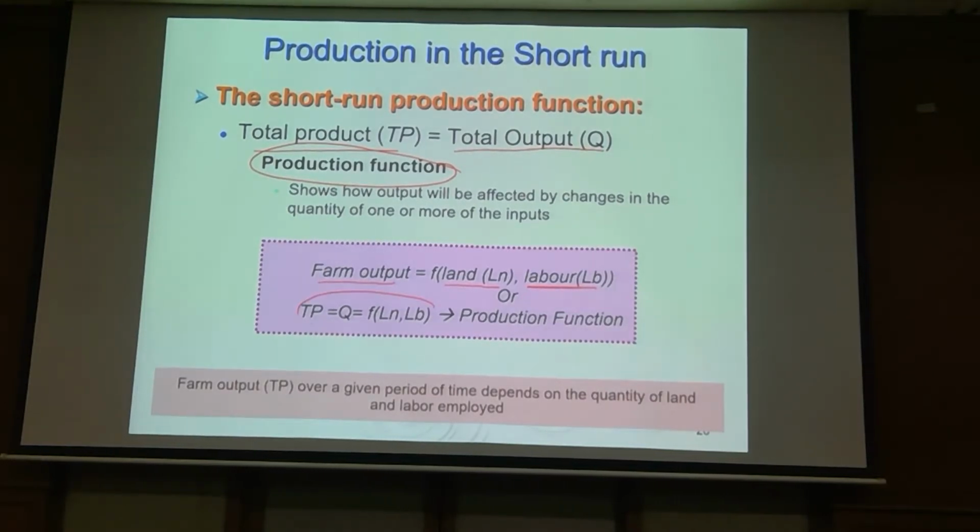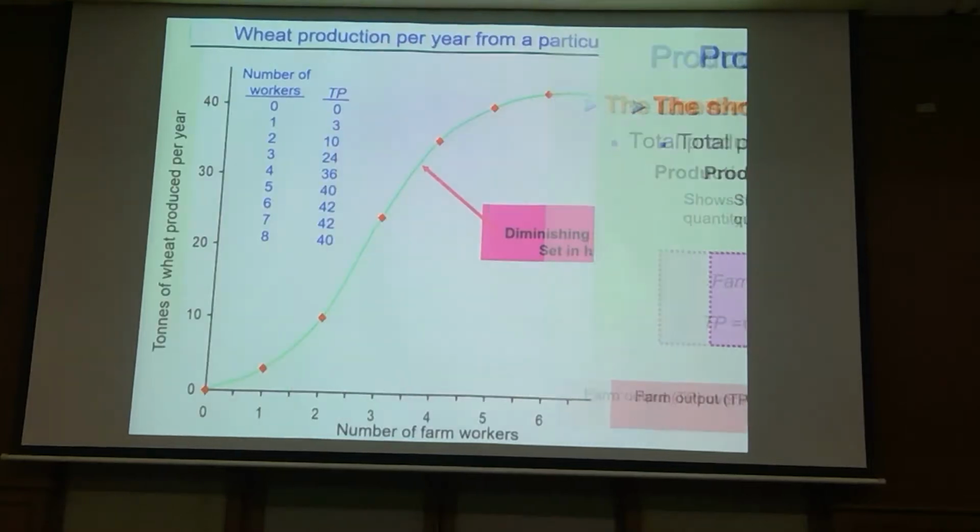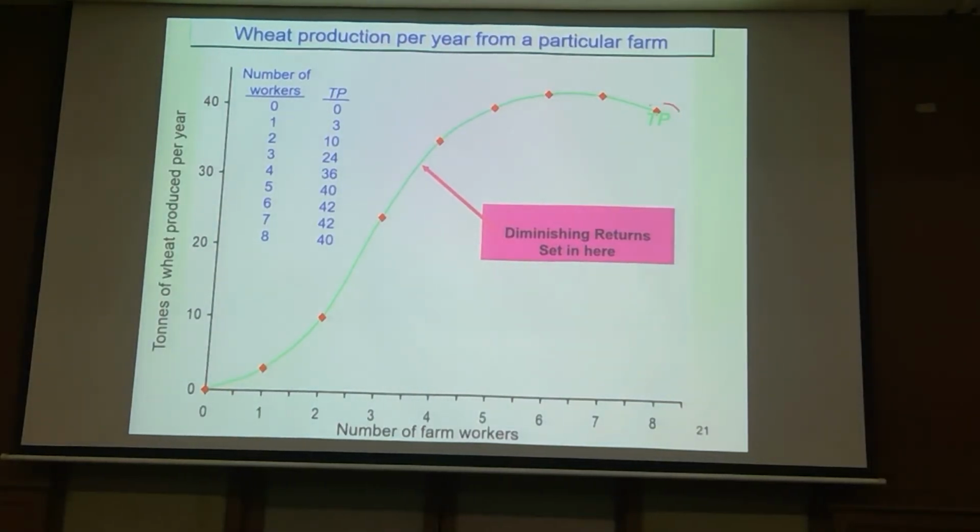That's how we write down the production function for the farm output. In this case, the total product or output is a function of the land that we have at the moment and the labor that we employ. So if we plot the total product curve or the output curve, that's what we get here.